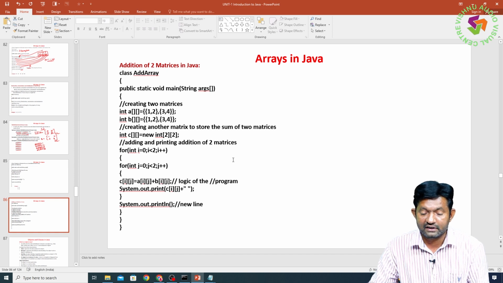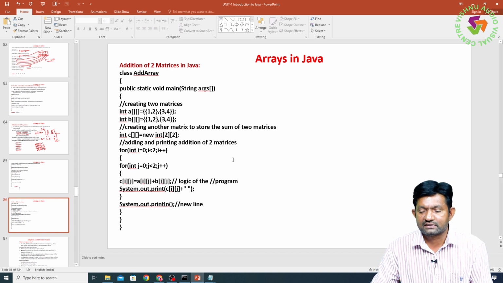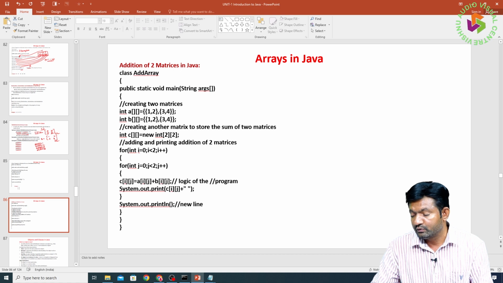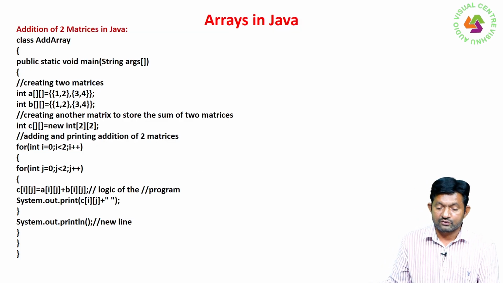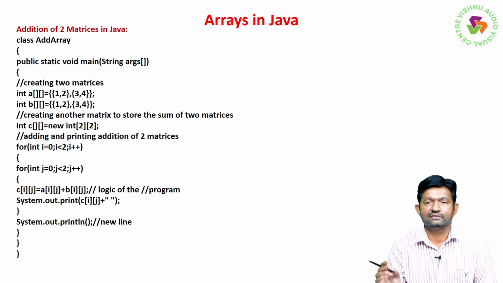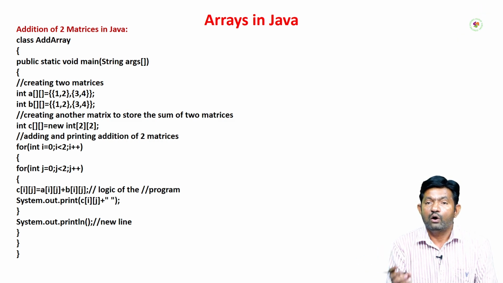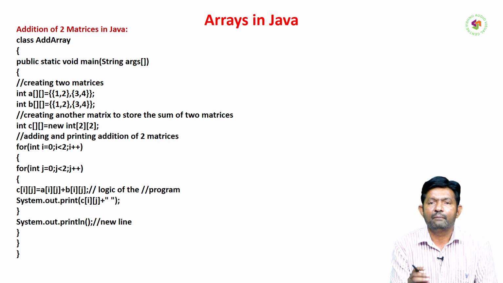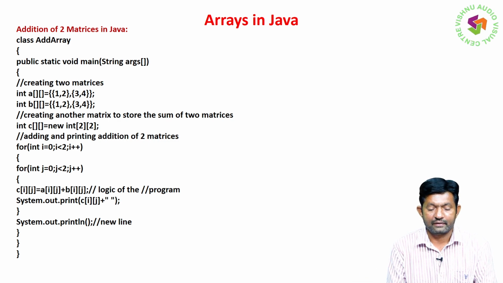Example of a multi-dimensional array, that is addition of two matrices. So we know how to initialize a two-dimensional array and how to print a two-dimensional array from the previous example. Now in this example, I will explain how to add two matrices using a multi-dimensional array.